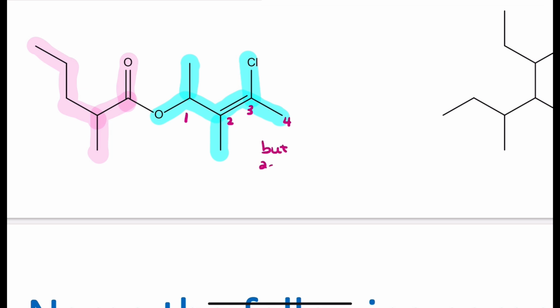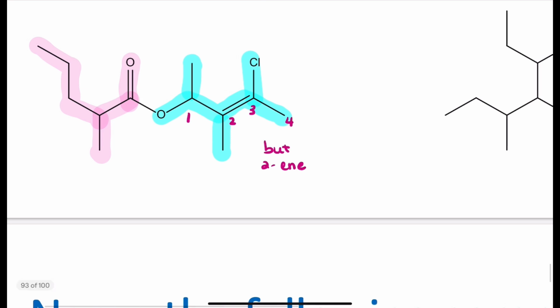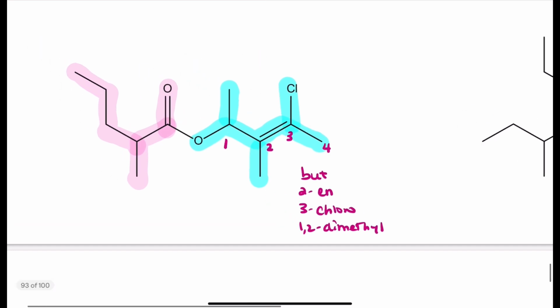4 is but. I've got a double bond at the second carbon, but it's 3-chloro. I've got a 1 and a 2 dimethyl. Because this is not the ending, I'm going to call it en, E-N, instead of E-N-E, because it's not the full parent name. I think I named everything though. I've got 1 and 2 methyl, 3-chloro. Yeah, okay.